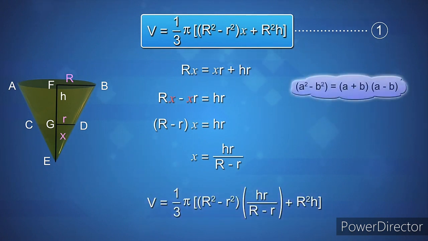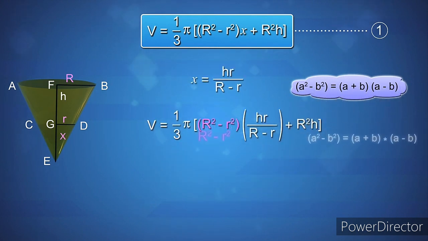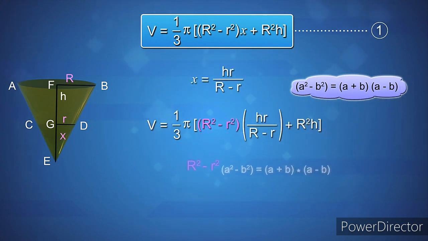We know that A square minus B square is equal to A plus B into A minus B. Using this formula, expand the term capital R square minus small r square.